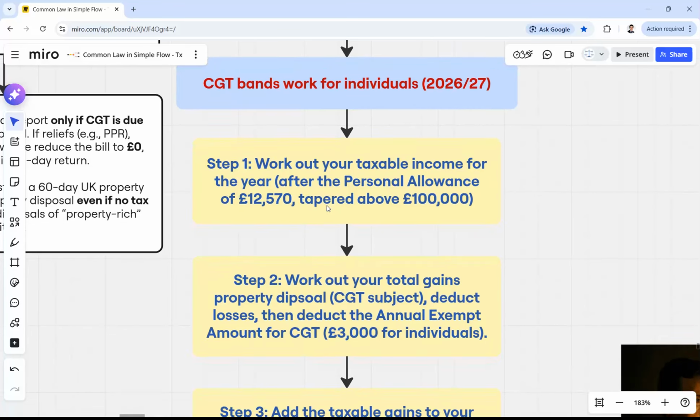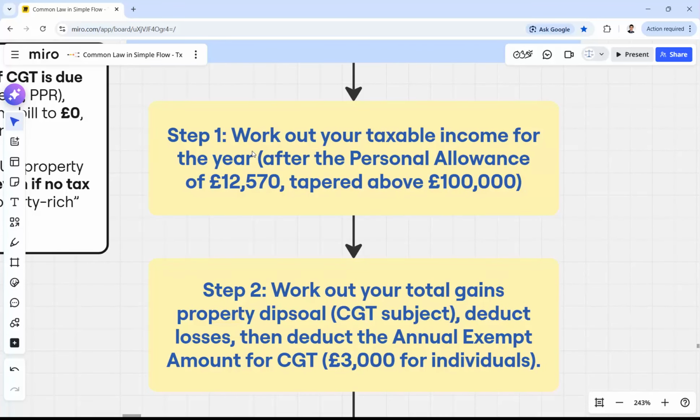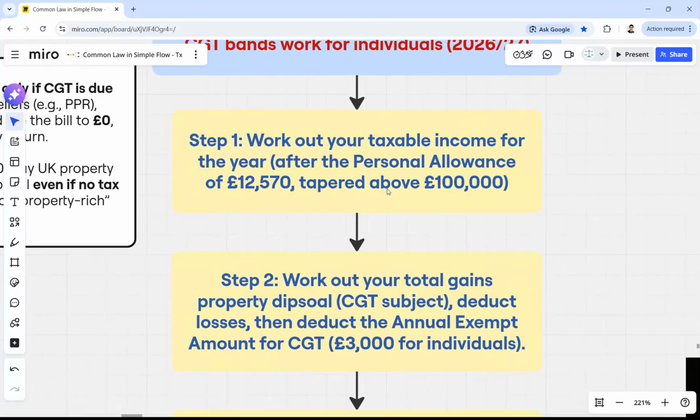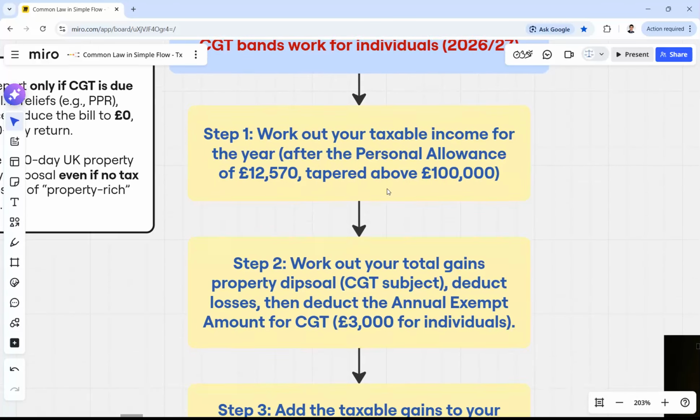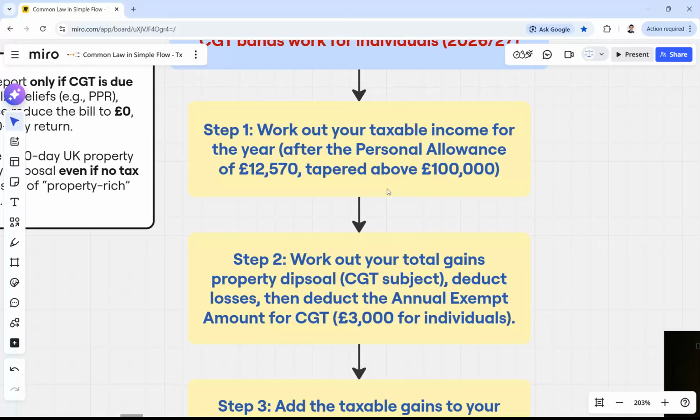So step 1, work out your taxable income for the year, after the personal allowance of 12,570, tapered above 100,000. So everything that goes above 100,000, you are reducing the allowance by 1 pound for every 2 pounds.